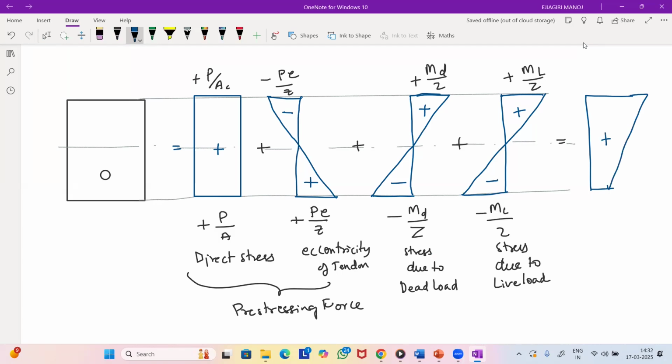This is the resultant stress, the summation of top and bottom. This is how we are going to draw the stress distribution diagram. Thank you all.